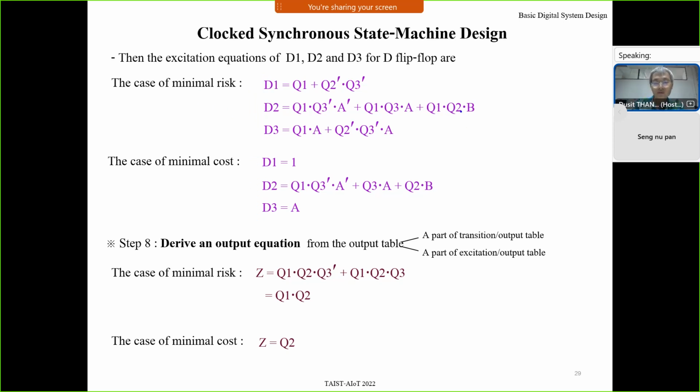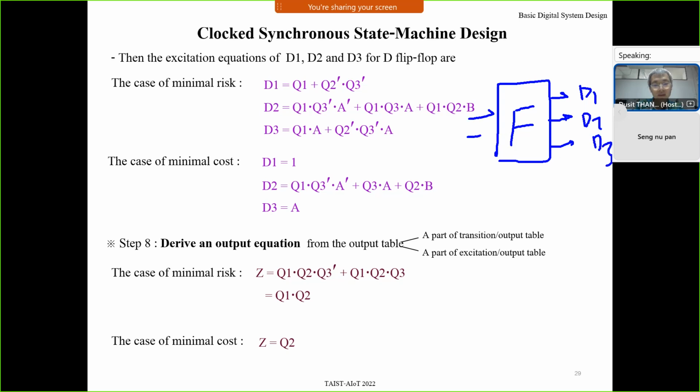So from this set of equations, that means now you know the circuit of F, right? Namely, the output of circuit F is D1, D2, D3, right? And its input may come from the output of the flip-flops Q1, Q2, Q3, and the external input.